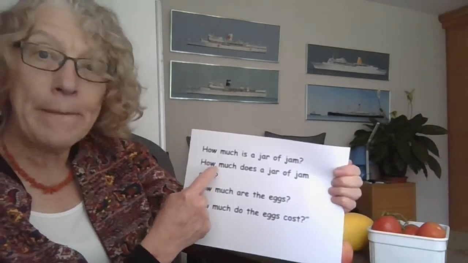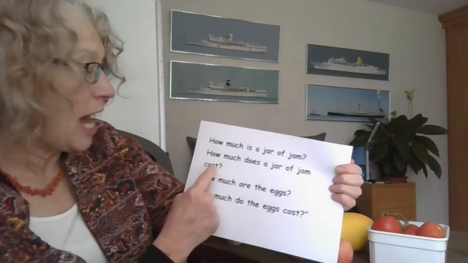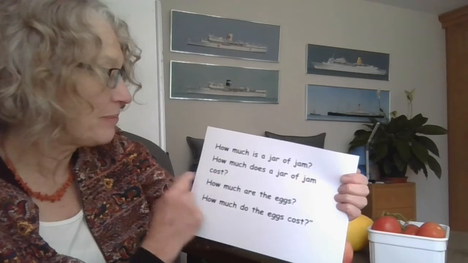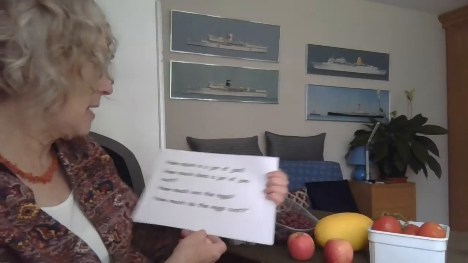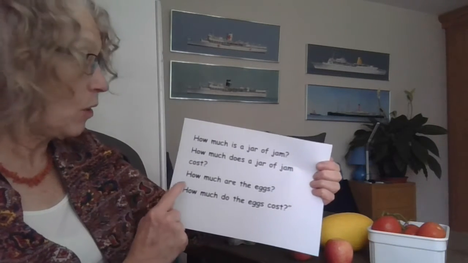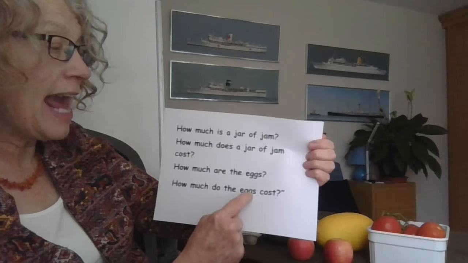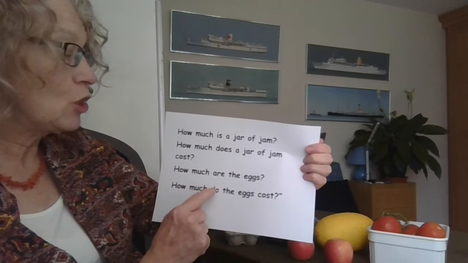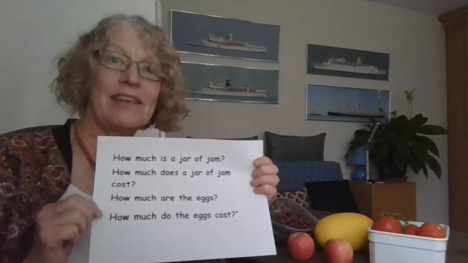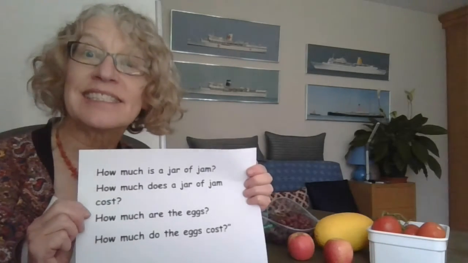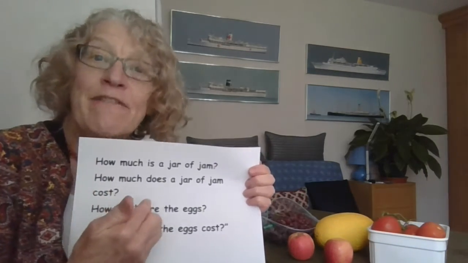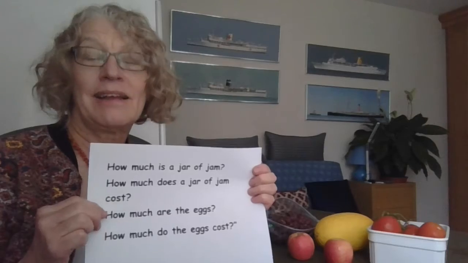Or, how much does a jar of jam cost? That's another way of asking the question. Or we might say, how much are the eggs? Or, how much do the eggs cost? Do, because it's plural, eggs. If it was one egg, it was how much does the egg cost?